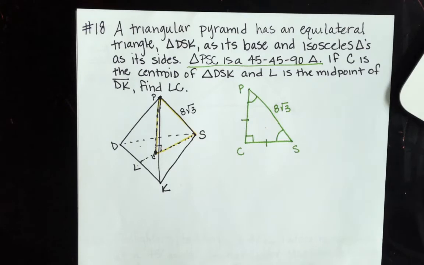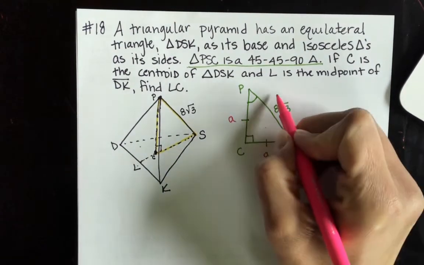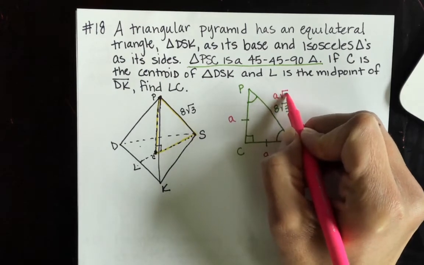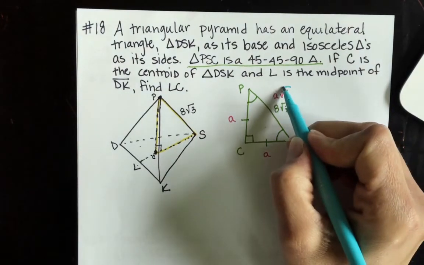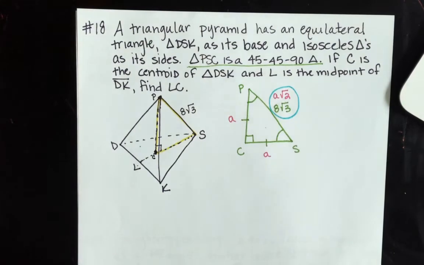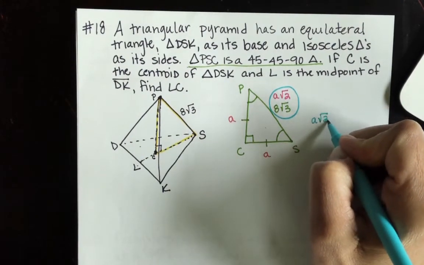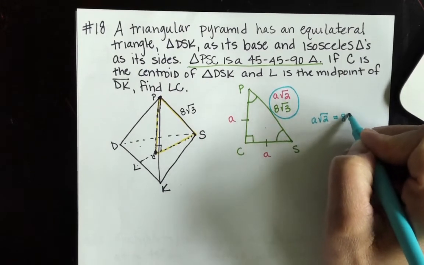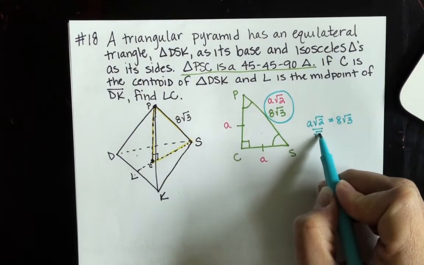And because it's 45, 45, 90, I know that A, and A radical 2 have to be the formula that I use. So the side that has the formula and the value, we're going to set equal to each other. And when we set them equal to each other, A radical 2 equals 8 radical 3. And we know that we have to divide away the radical 2.